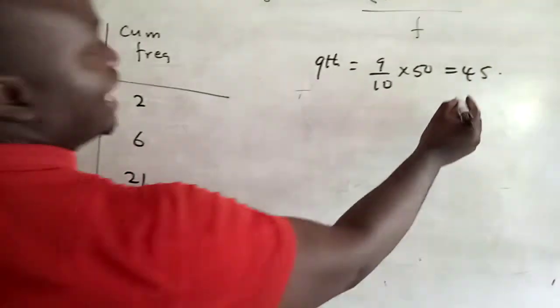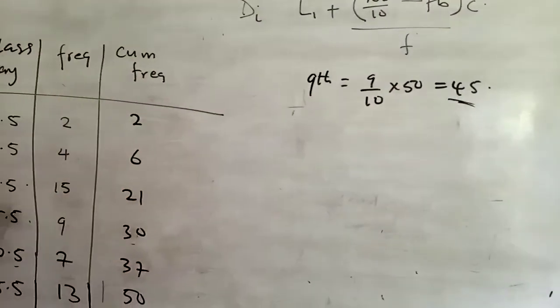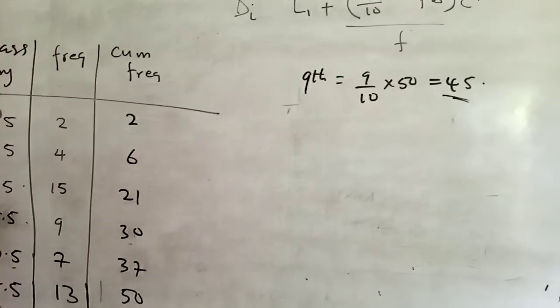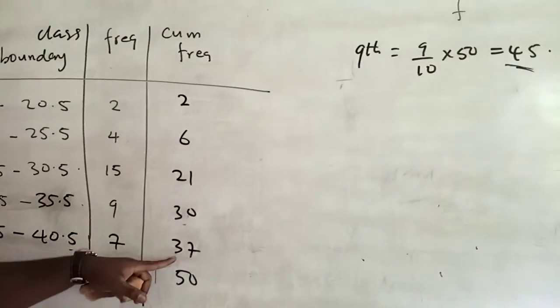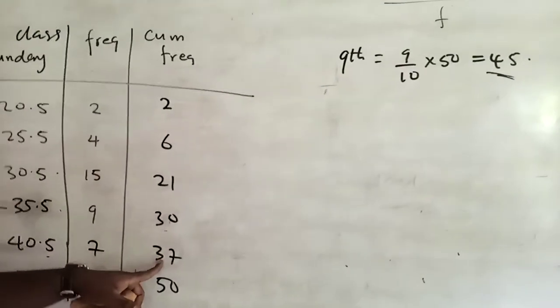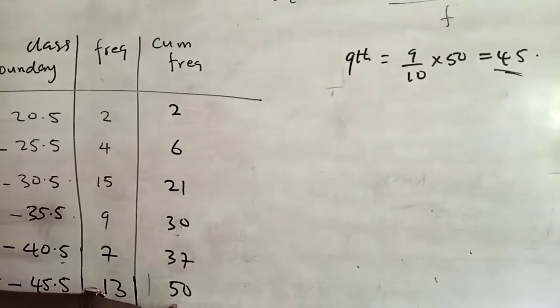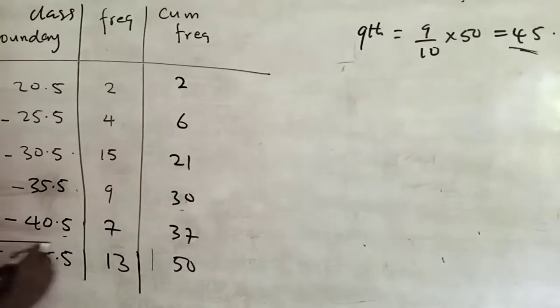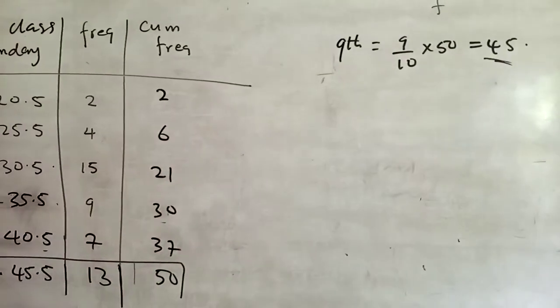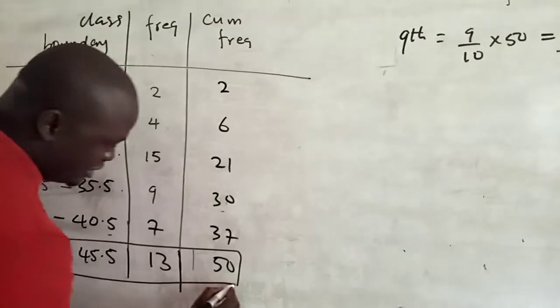So if the 9th decile is 45, we try to locate it. So here you can see that 37, it doesn't go. It's lower than 45, but 45 is lower than what? 50. So this is where the range of our decile class is, right?